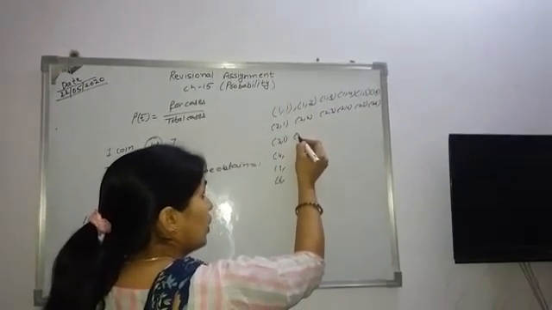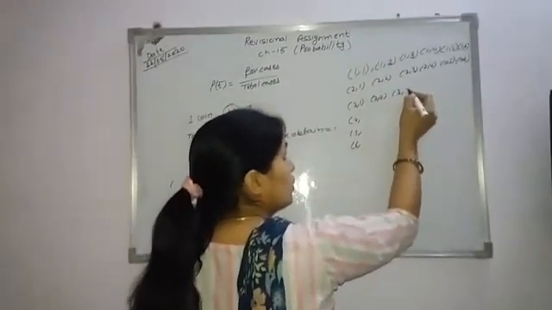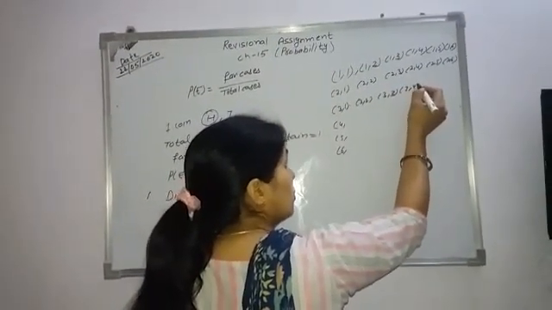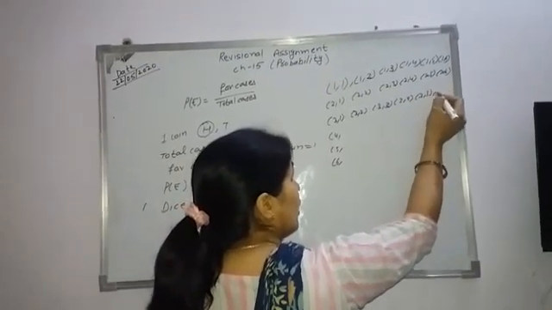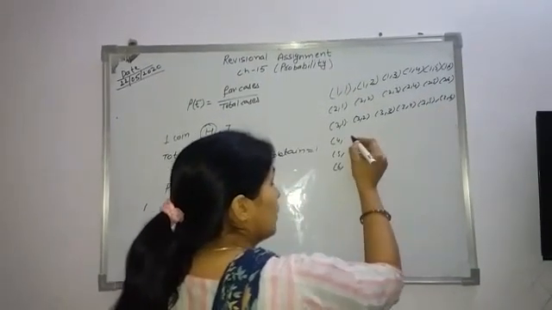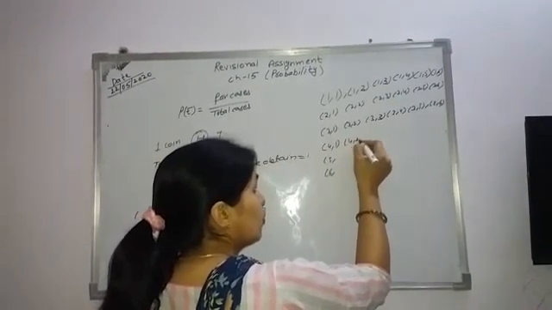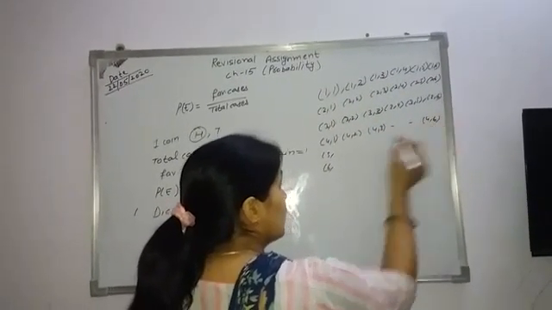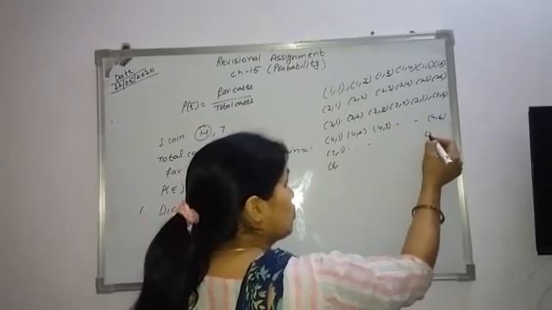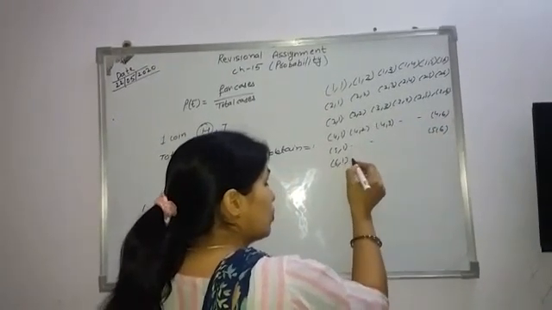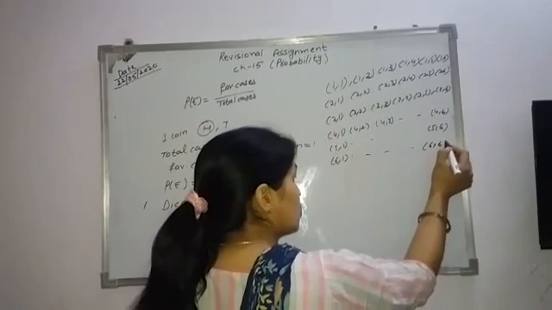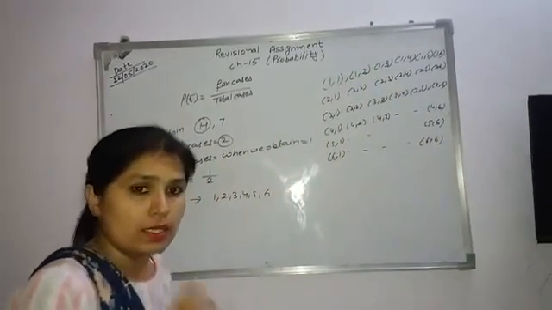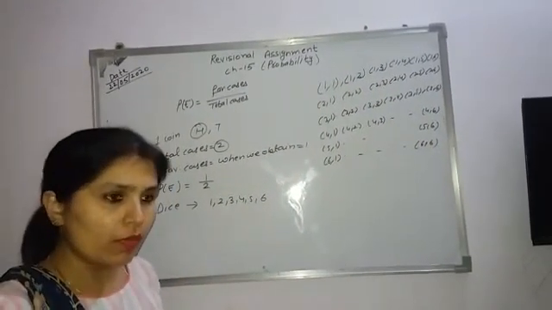Similarly, 3 1, 3 2, 3 3, 3 4, 3 5 and 3 6. Next is 4 1, 4 2, 4 3 up to 4 6, 5 1, 5 2 up to 5 6, 6 1, 6 2 up to 6 6. So these are the total cases if we have two dice.